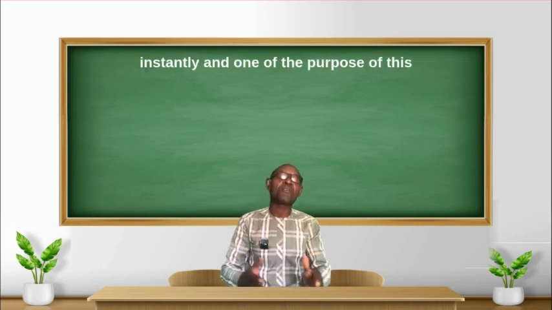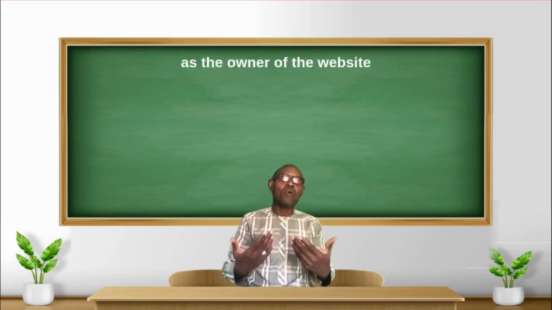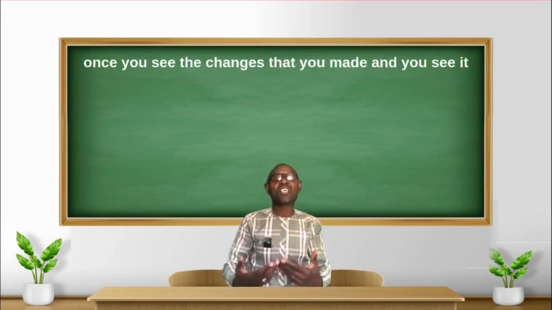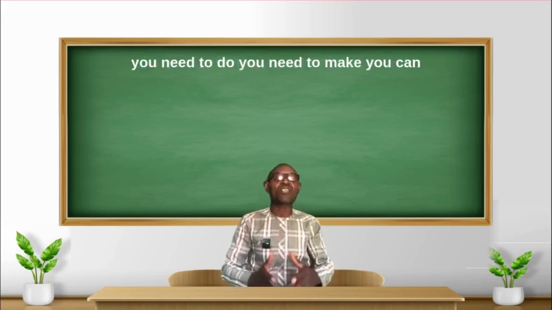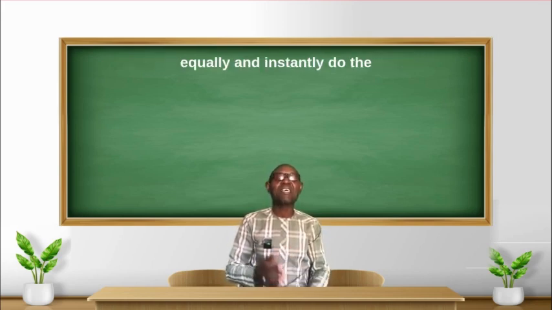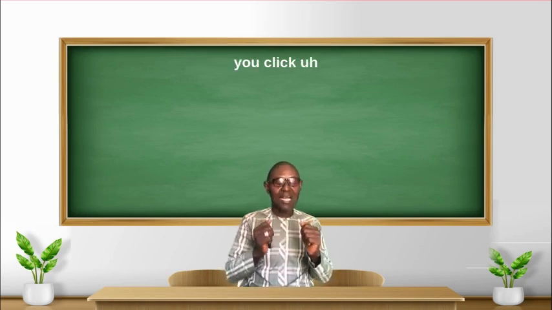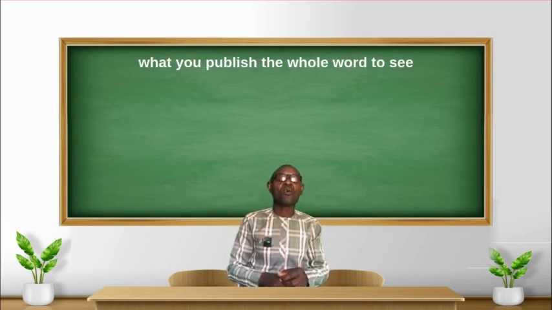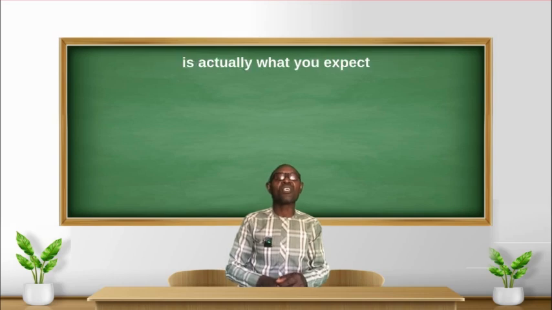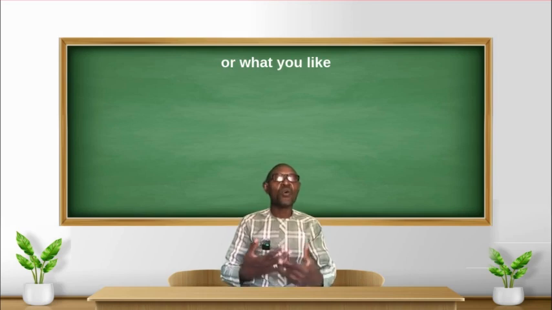And one of the purposes of this is, you as the admin, you as the owner of the website, once you see the changes that you made and you see it visible instantly, if there is any correction you need to make, you can equally and instantly do the correction before others, or before you click live or publish, so that what you publish to the whole world to see is actually what you expect or what you like.